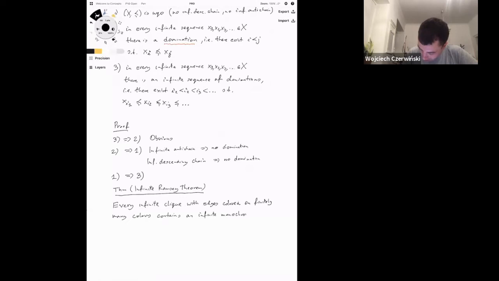What do I mean by monochromatic? All edges are of the same color. So you color the edges here, and in a monochromatic clique all the edges have the same color.